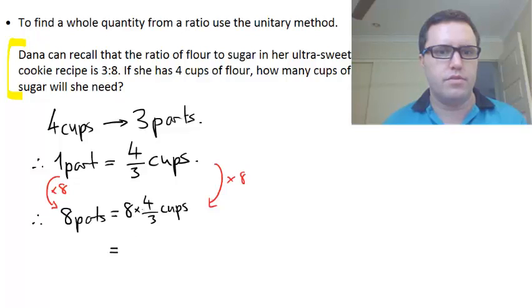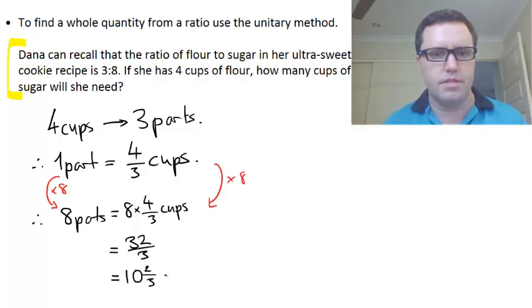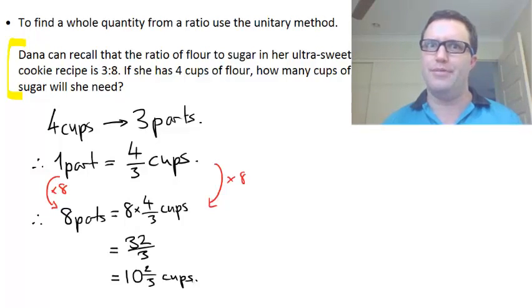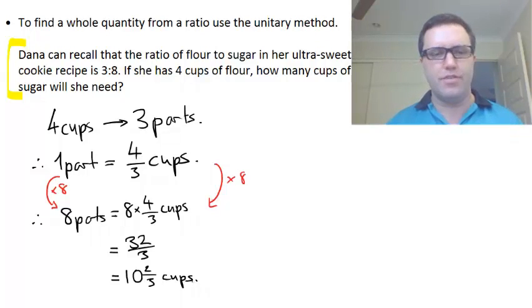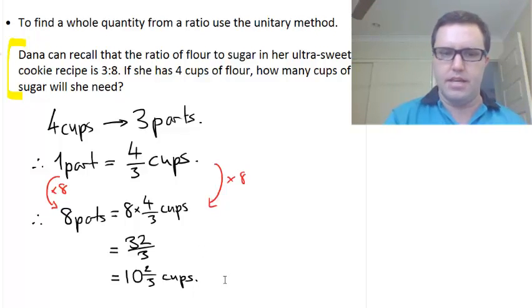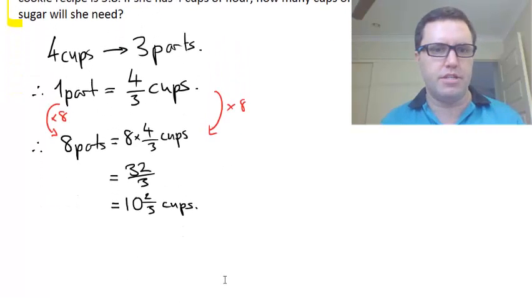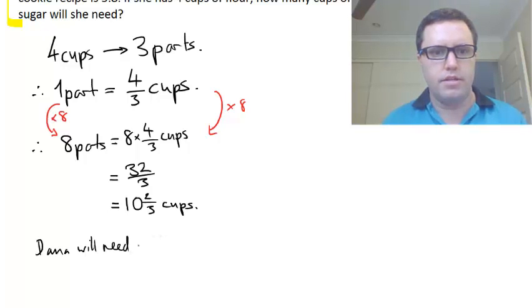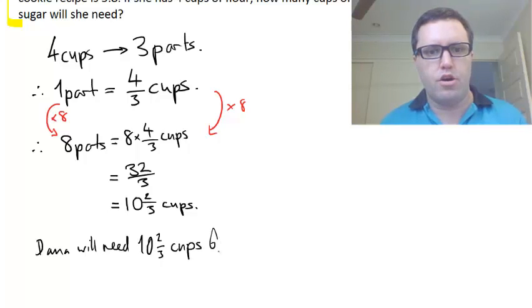And that's 32/3, which is 10 2/3 cups. I'm sure if you've ever baked any cookies before, that's a lot of sugar. Since this is a worded question, we should finish it off. How many cups of sugar? Dana will need 10 2/3 cups of sugar.